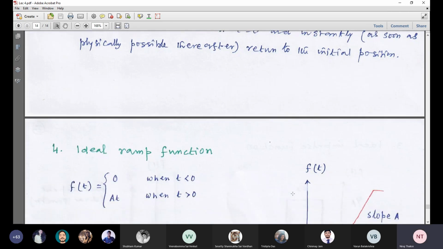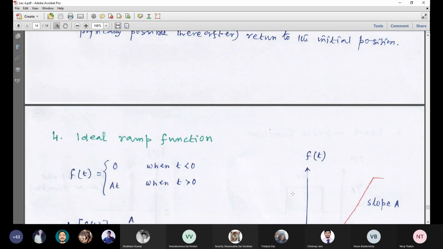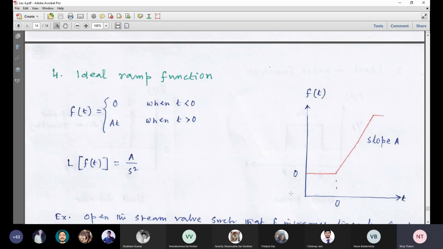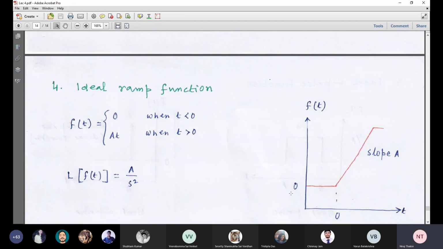Okay, so the ramp function is represented by this. This is a graphical representation for the ramp function.